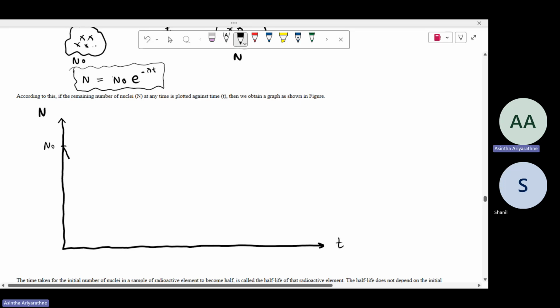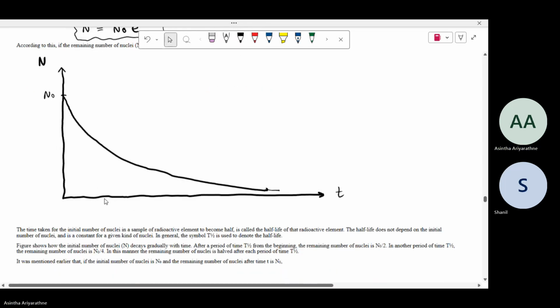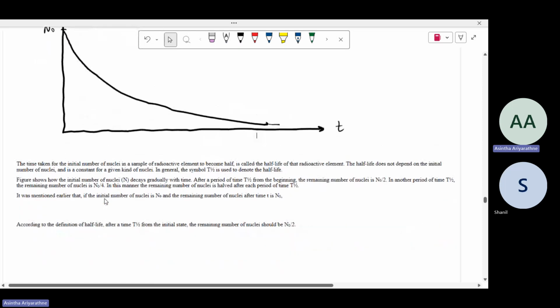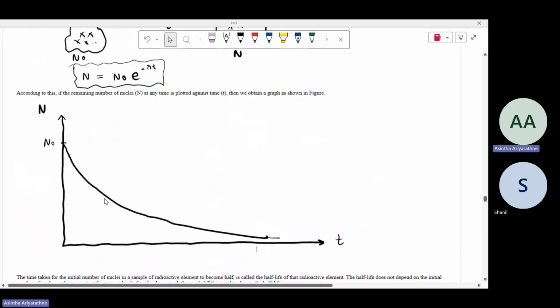We have a graph like this. This is the graph of N, the number of unstable atoms, against time.